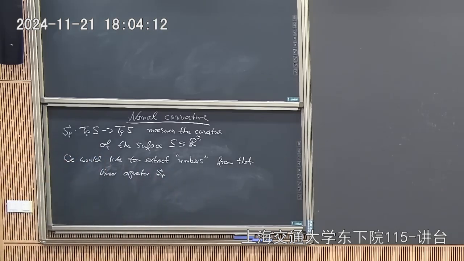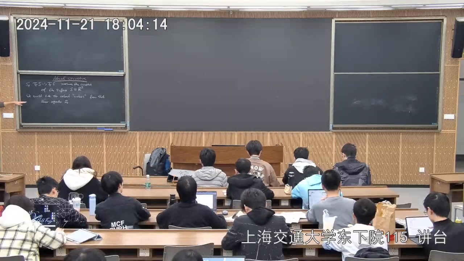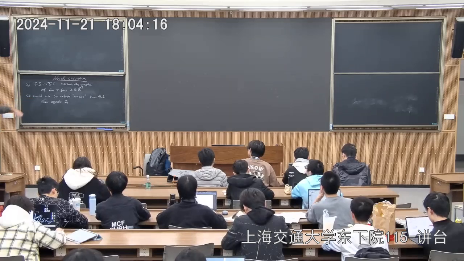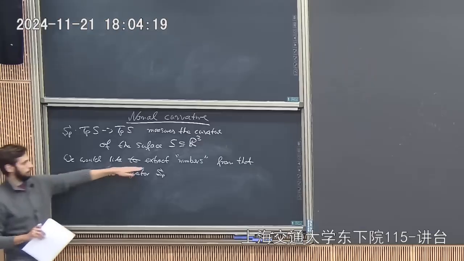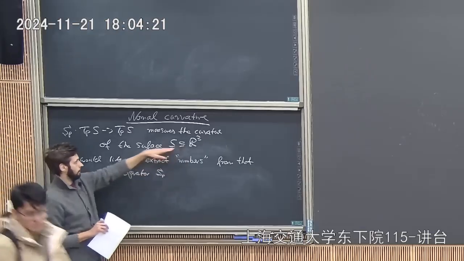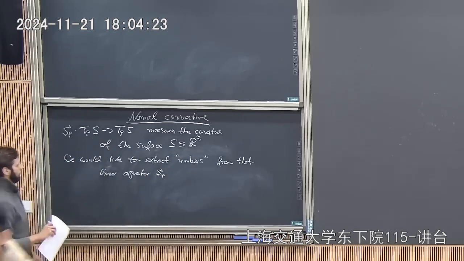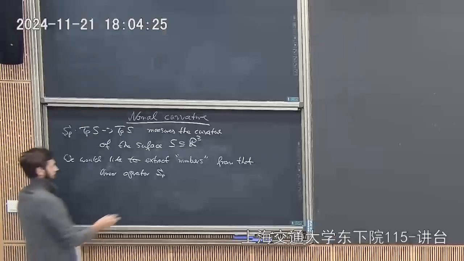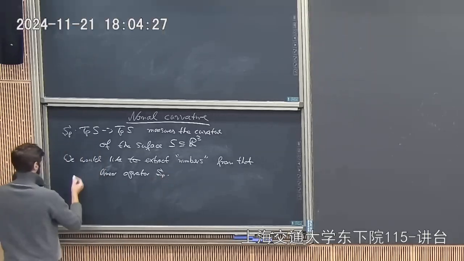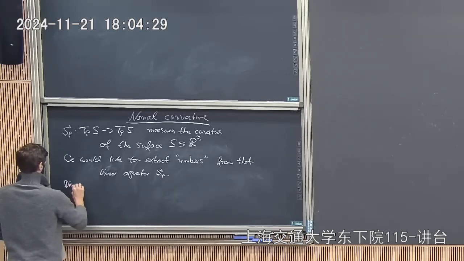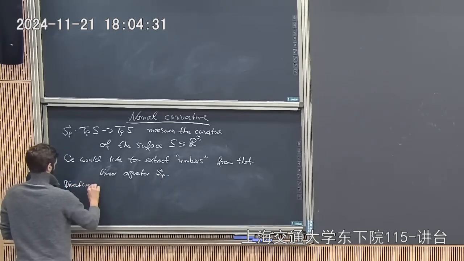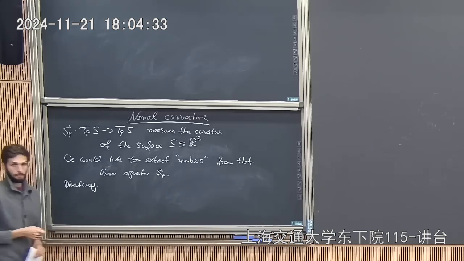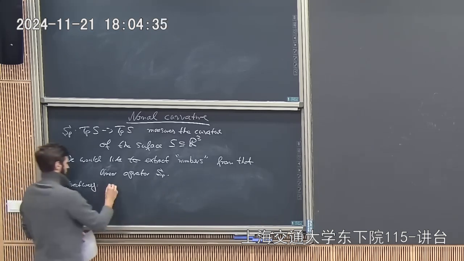The general scheme for the next few lectures will be discussing certain ways to extract numbers from this linear operator. The easiest, or most direct way, would be that we choose some frame.